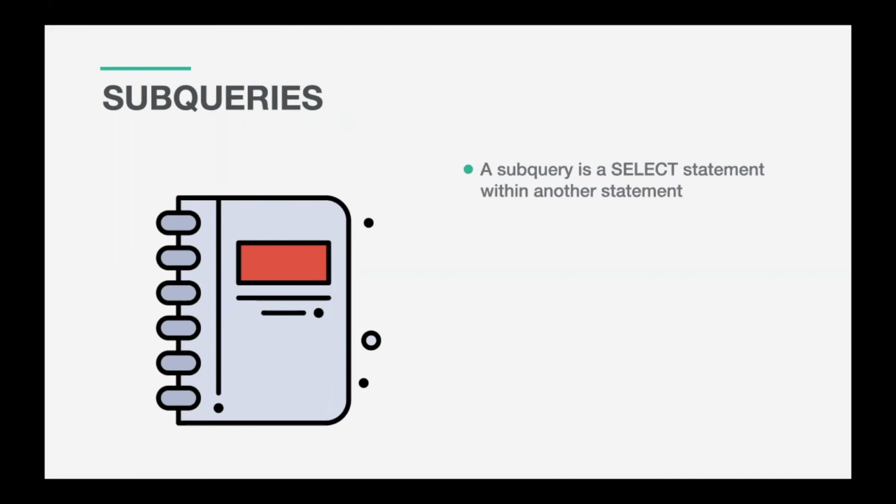Right now we only know select statements. Imagine that we wanted to get a piece of data and then get another piece of data to use in our previous statement. Well, that's what a subquery does. It's like making another select statement, keeping that data, and then using it for the previous select statement or the other select statement.